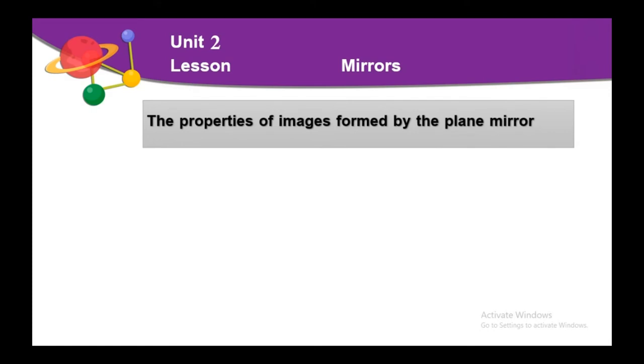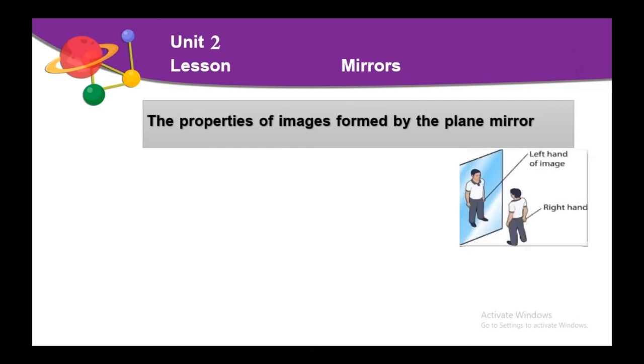What are the properties of images formed by a plane mirror? When you look at the plane mirror, you can see your image. What are the properties of your image in this plane mirror? Number 1, the image is upright.